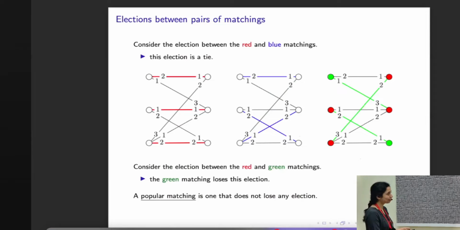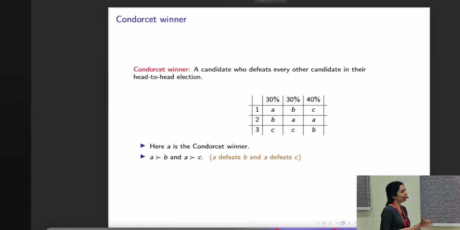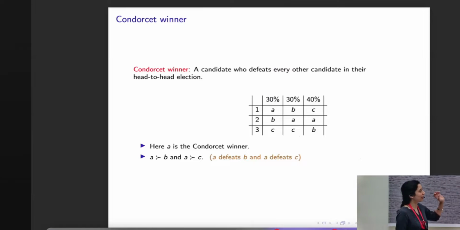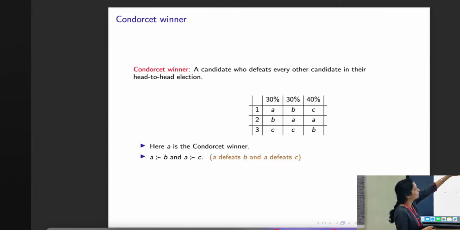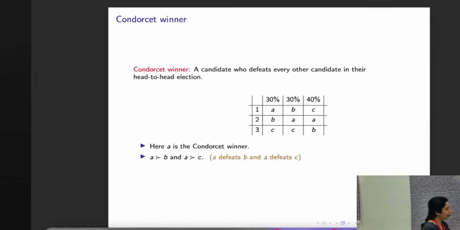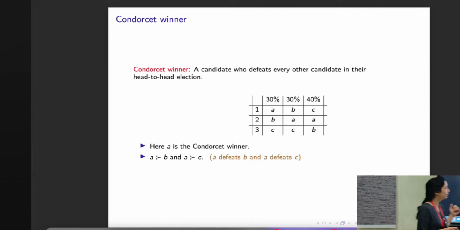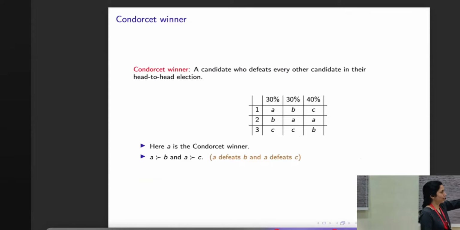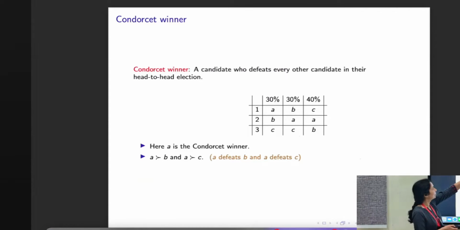And this notion of having elections between pairs of candidates is in fact a really old and classical notion from more than 200 years ago, and this was proposed by the Marquis of Condorcet, a French philosopher and mathematician. So I'll give a small example of what is a Condorcet winner.